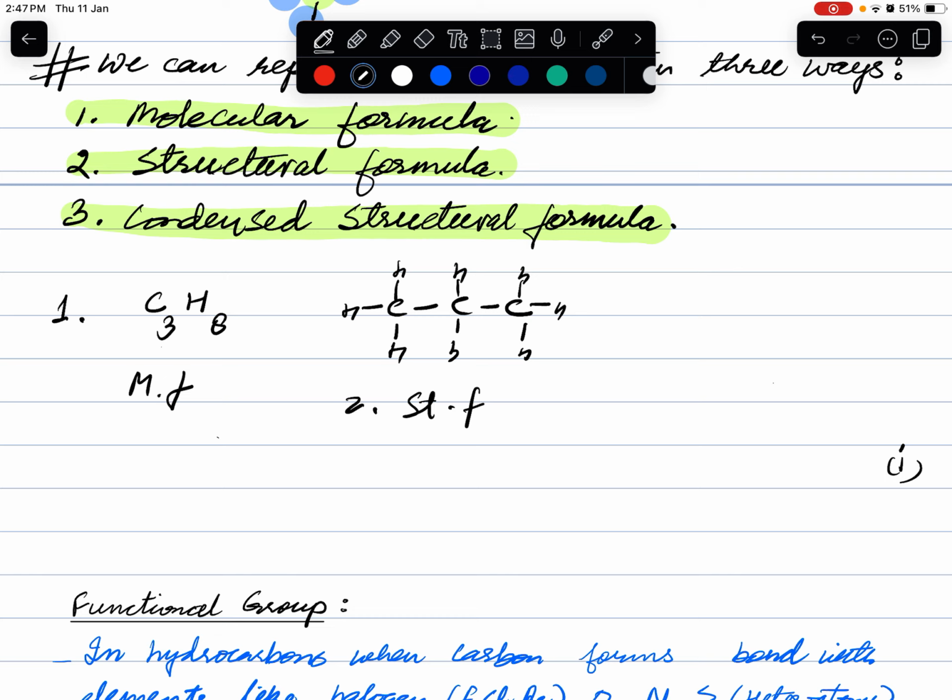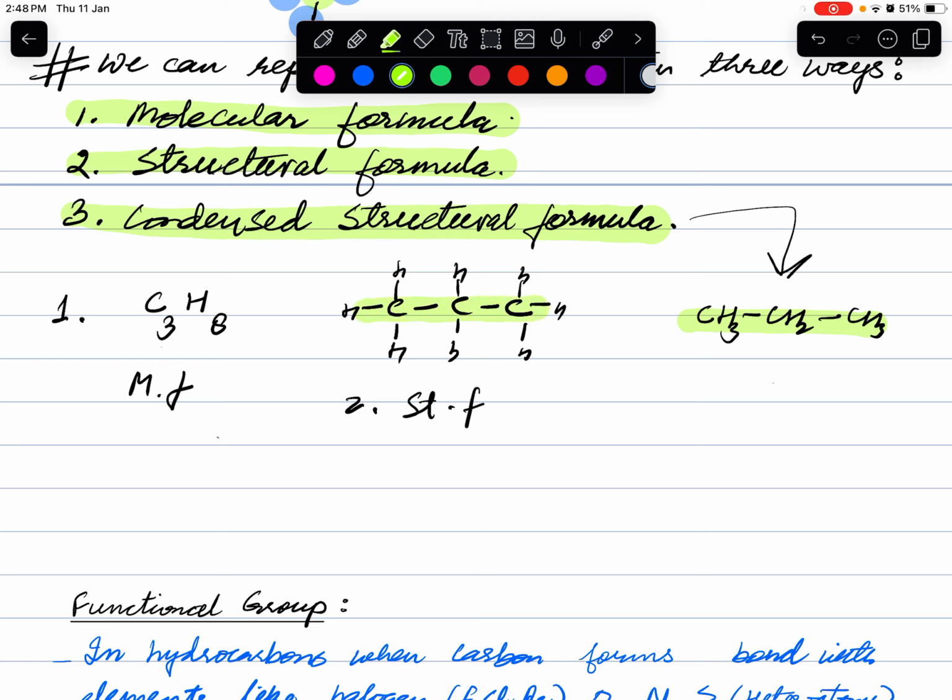Now the same compound we can represent in one more way. We can write the structure in this form: CH3, CH2, CH3. This is your condensed structural formula. In this formula, we show how carbons are arranged. Carbons are arranged in the form of a straight chain.